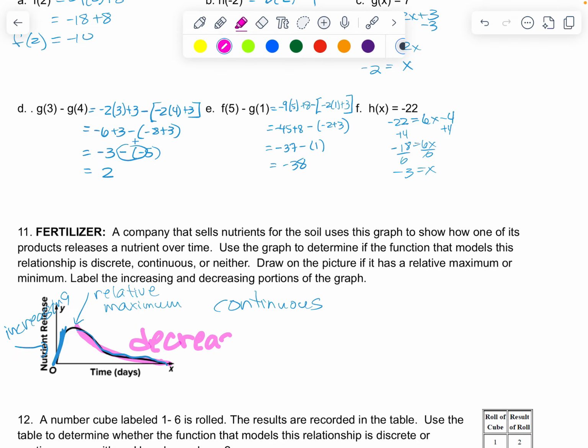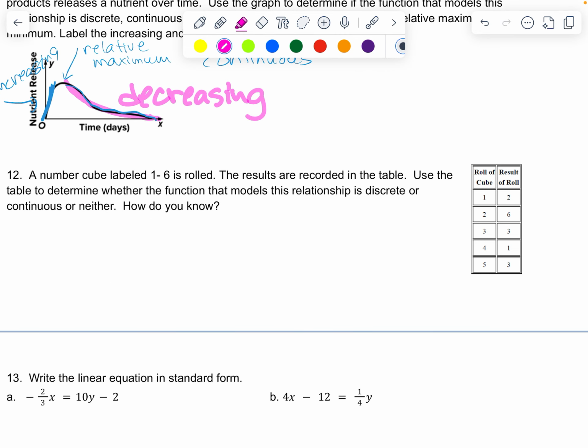Okay, a number cube labeled 1 through 6 is rolled. The results are recorded in the table. Use the table to determine whether the function that models this relationship is discrete or continuous.